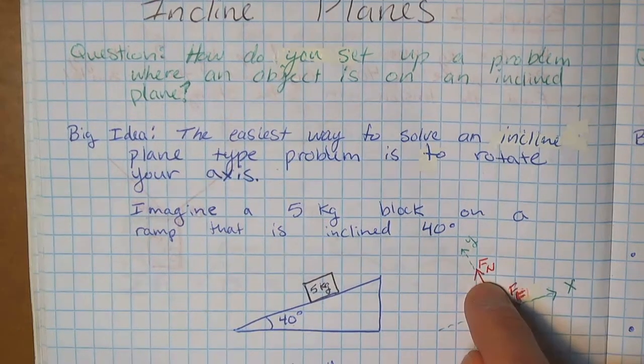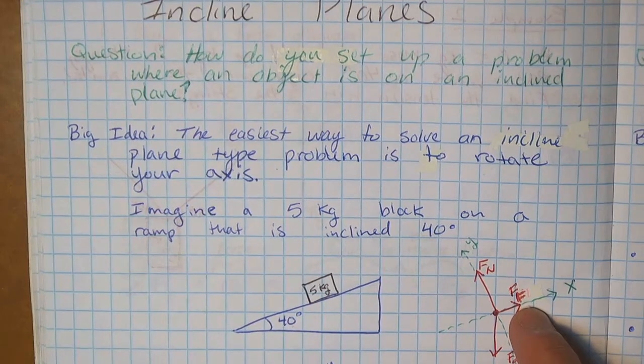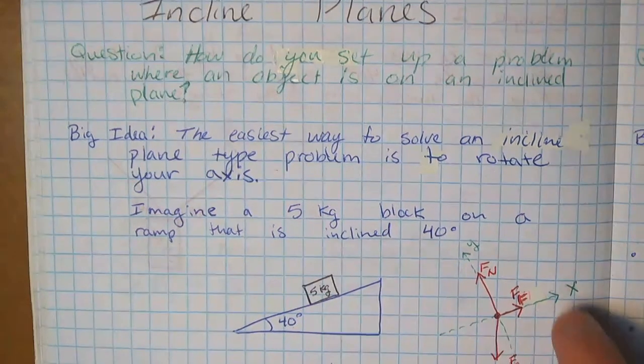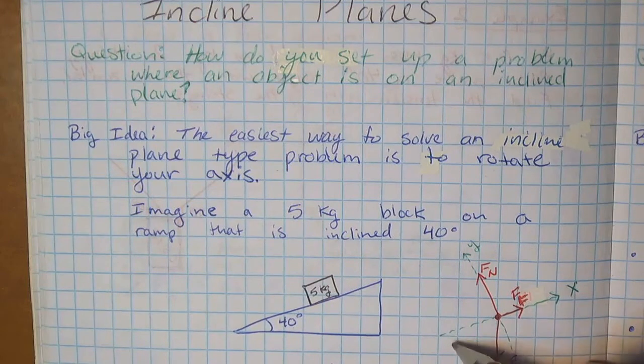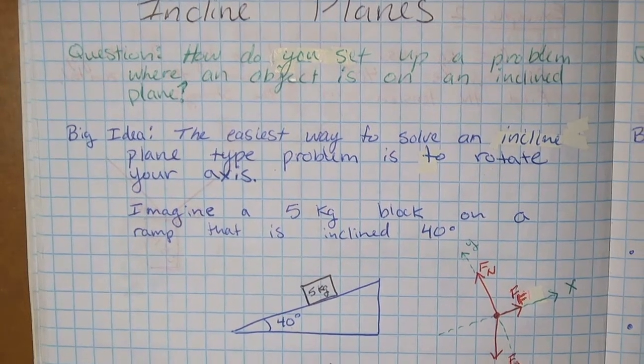We don't need to break the normal force and the force of friction into pieces. The other advantage is that when we talk about objects that accelerate, it will accelerate in the x direction. Otherwise we'd have an x and a y component of acceleration, which would be fairly terrible.